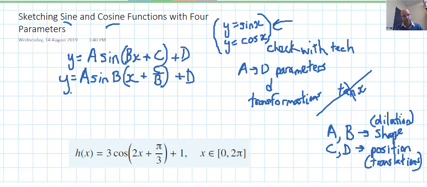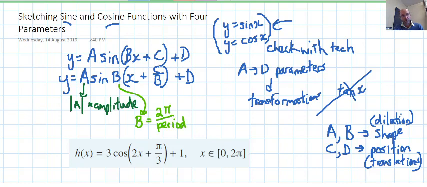So from this, with A, the magnitude of A, so purely the size of the absolute value of A, is the amplitude.